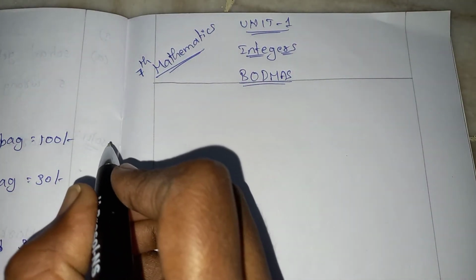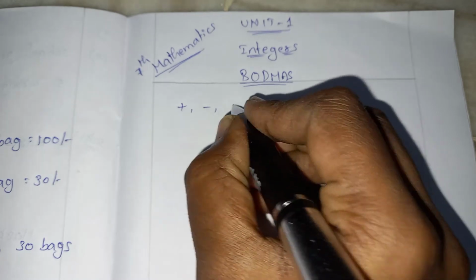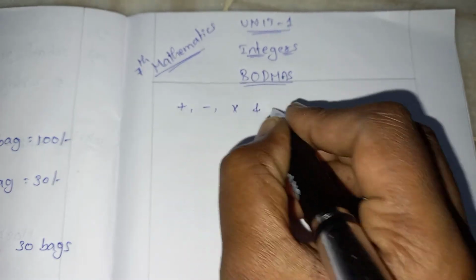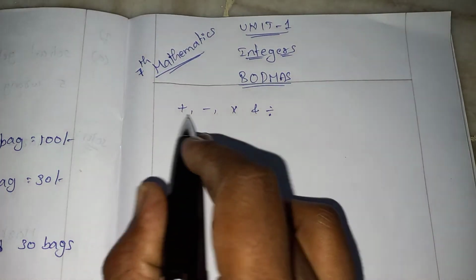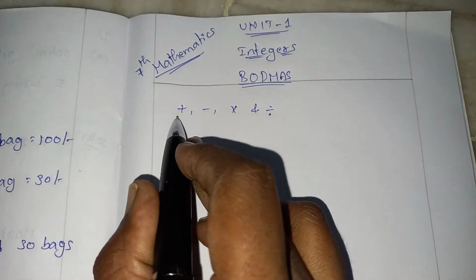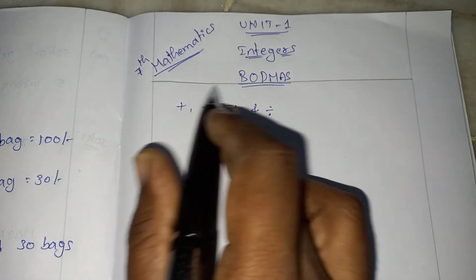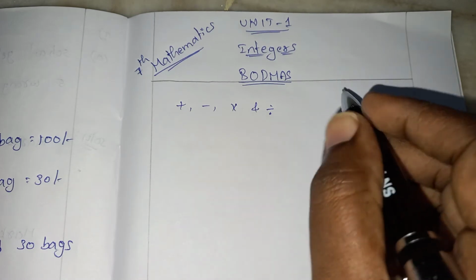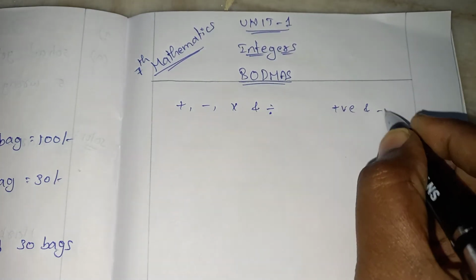First of all, you must know the different signs. Plus, minus, into, and at last division. Operations. We have 4 different types of operations, meaning addition, subtraction, multiplication and division. Even though we have 4 different types of operations, we have only 2 signs called positive sign and negative sign.